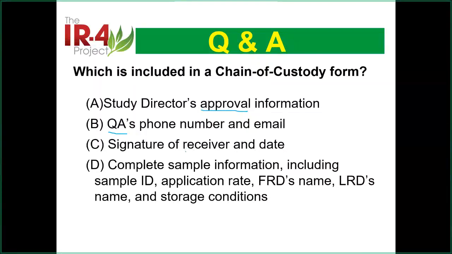Or your sample needs to be received by the lab? Or is it the complete information, for example, sample ID, application-related information, field research director, lab research director, storage condition? I got an answer D. Is D correct or not?